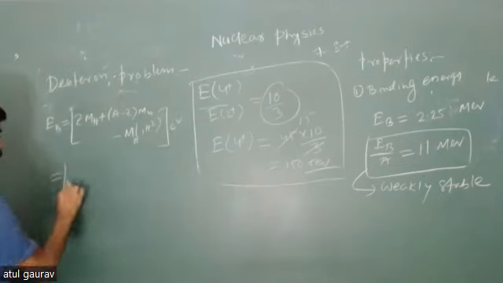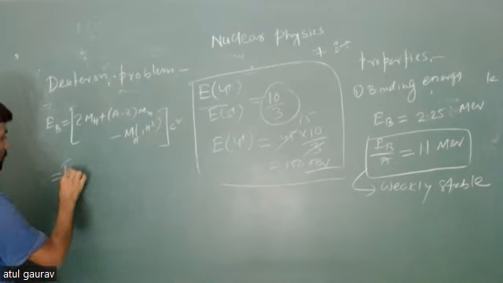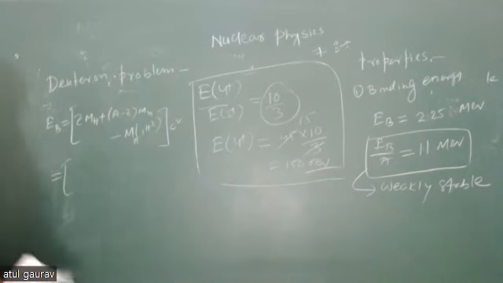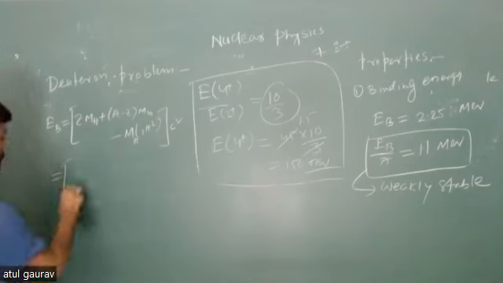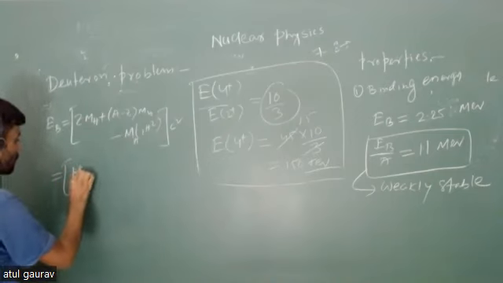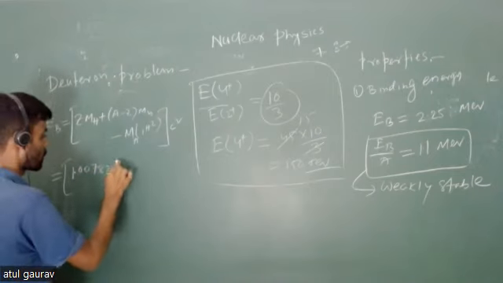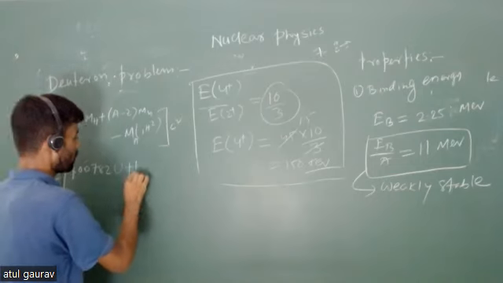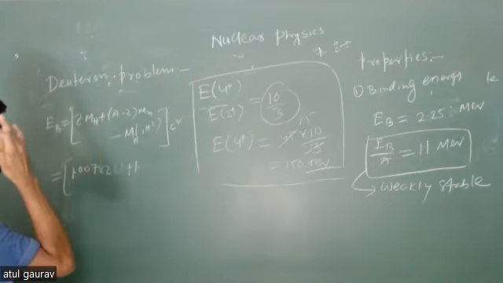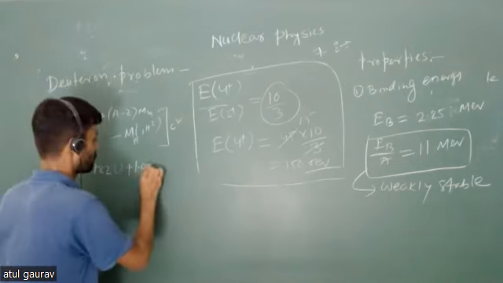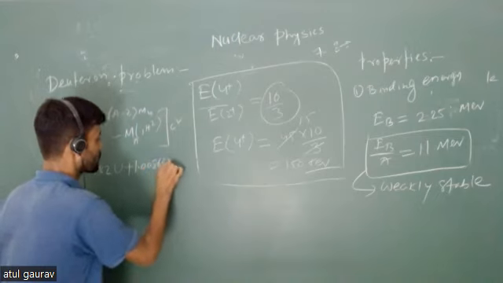Z is 1. mH, mass of hydrogen, is 1.00782 u. Then for neutron, A minus Z is 1, so 1.00866 u.